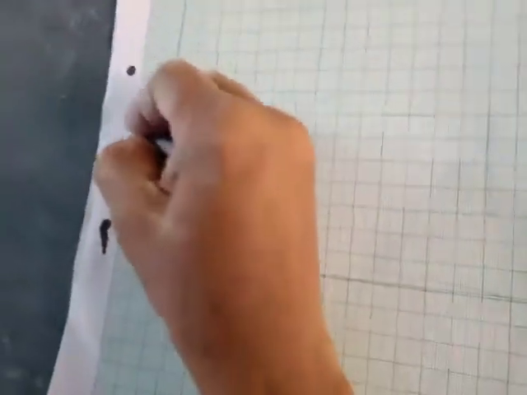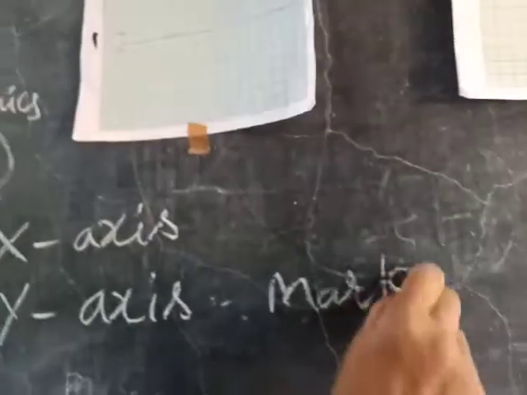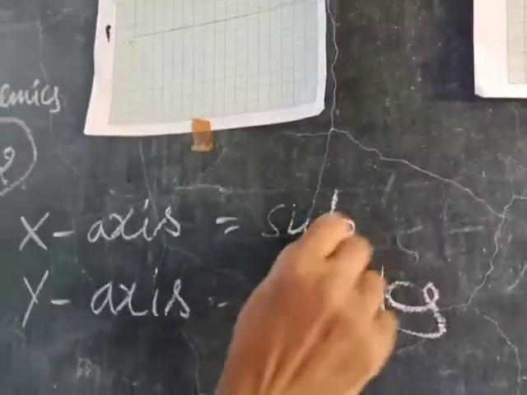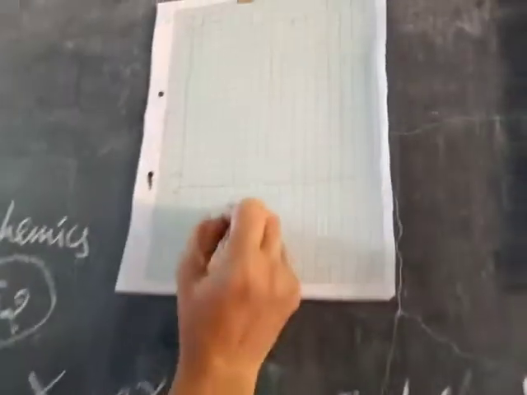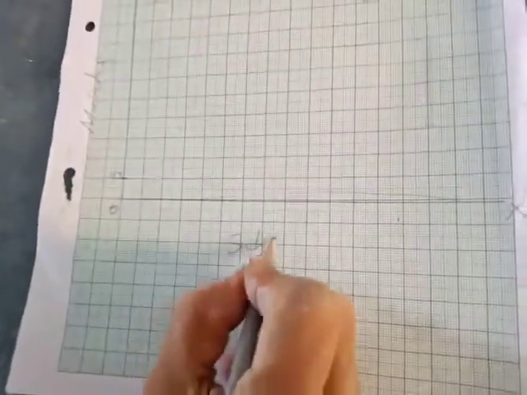Here you write that the y-axis is marks, and on the x-axis you take the subjects. You mention here: subjects, and marks.